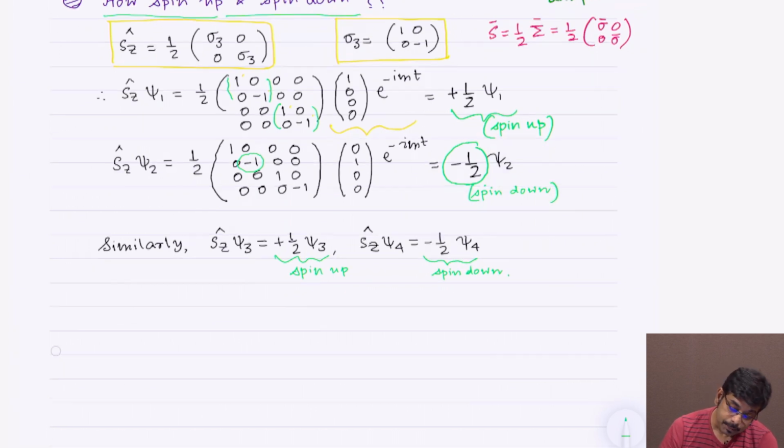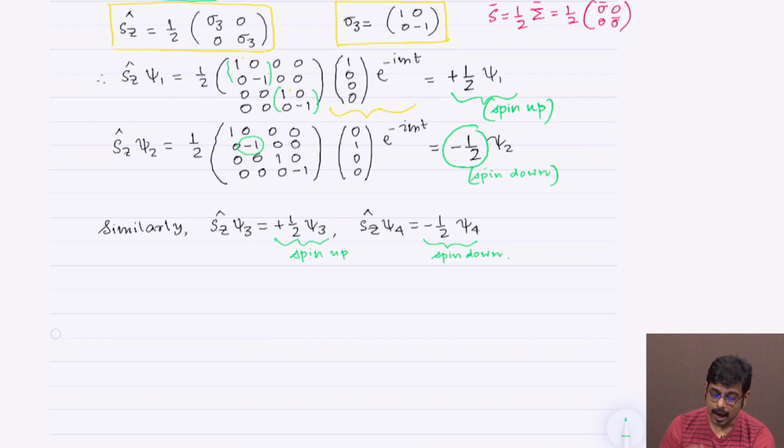Okay? And similarly, you can check, and you must check, that SZ acting on psi 3 is going to give you plus half psi 3, and SZ acting on psi 4 is going to give you minus half of psi 4. That means there are spin up solutions and spin down solutions for the antiparticles, because psi 3 and psi 4 are the cases which give you the negative energy solutions.